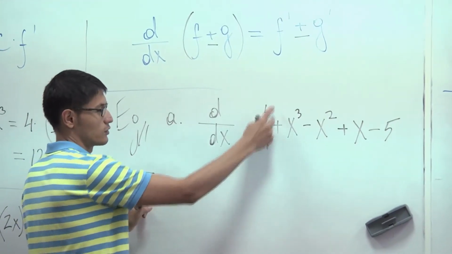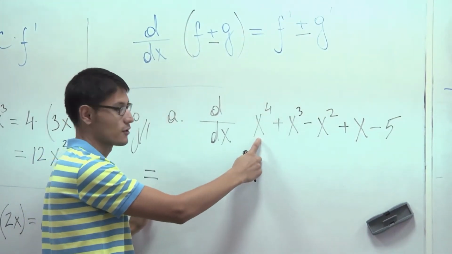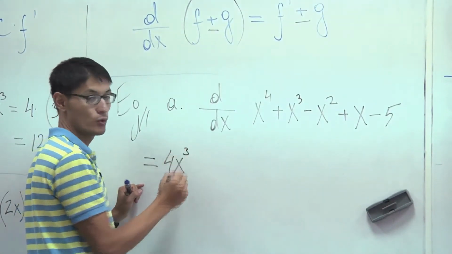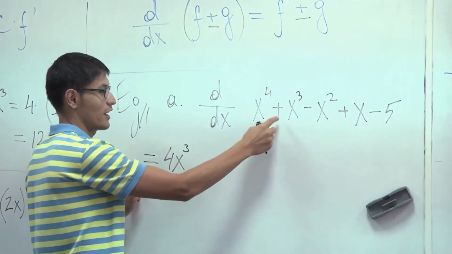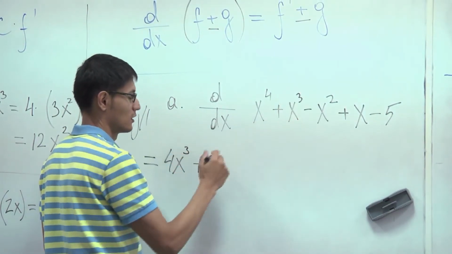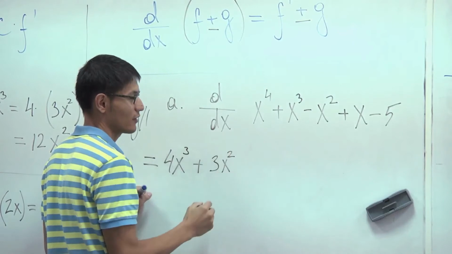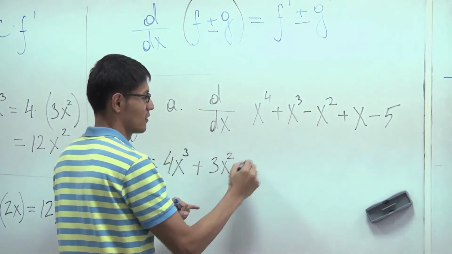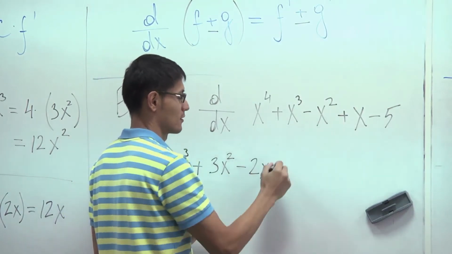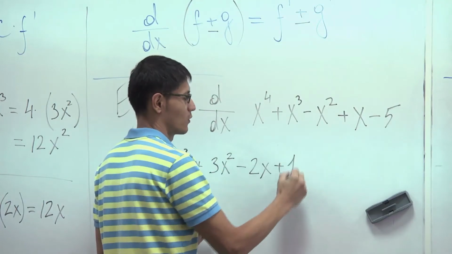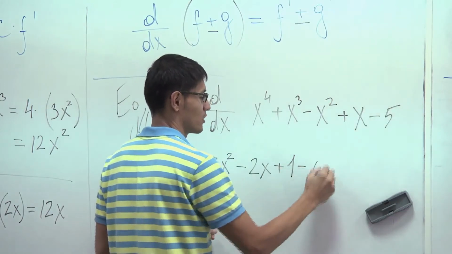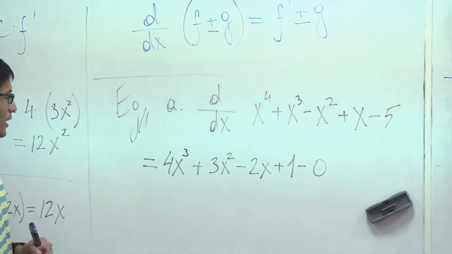So we'll take the derivative of x to the fourth first. Using the power rule, you get 4x cubed. Then plus the derivative of x cubed, which is 3x squared. And then minus the derivative of x squared, that's 2x. Plus the derivative of x, 1, minus the derivative of 5. Well, 5 is a number by itself, so the derivative will be 0.